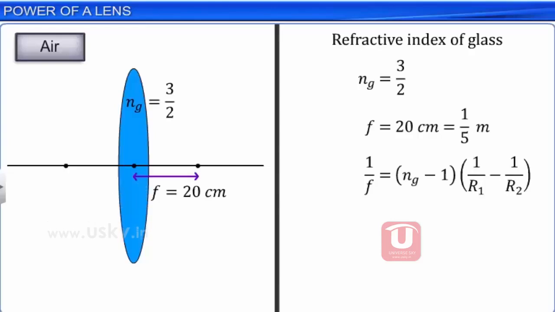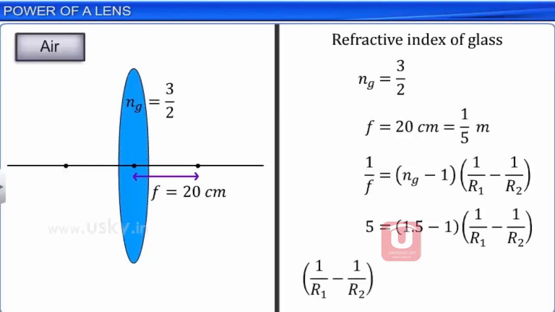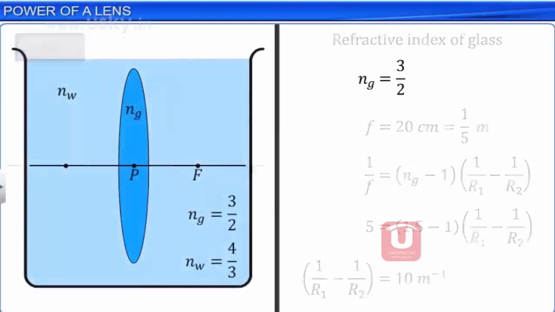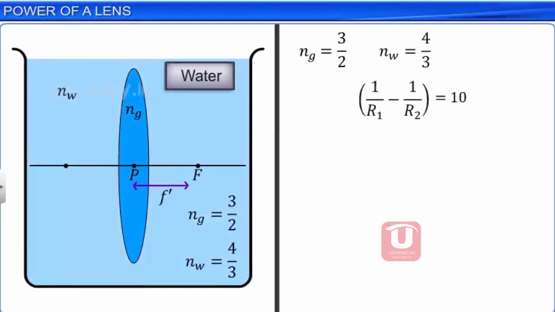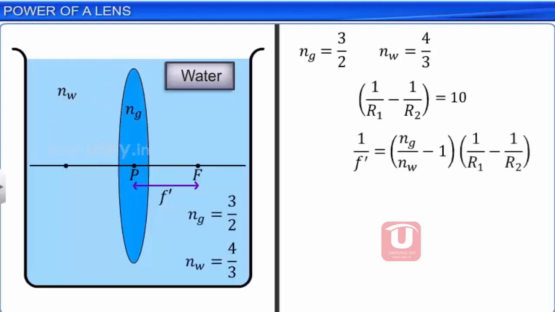Then, according to the lens maker's formula, 1/f dash is equal to (Ng/Nw minus 1) into (1/r1 minus 1/r2). On substituting the above values and on further simplification, we get 1/f dash is equal to 1.25 per meter. That means the power of the lens in water is equal to 1.25 diopter. Therefore, the optical power of the given lens in air is 5 diopter, and when placed in water, it is changed to 1.25 diopter.